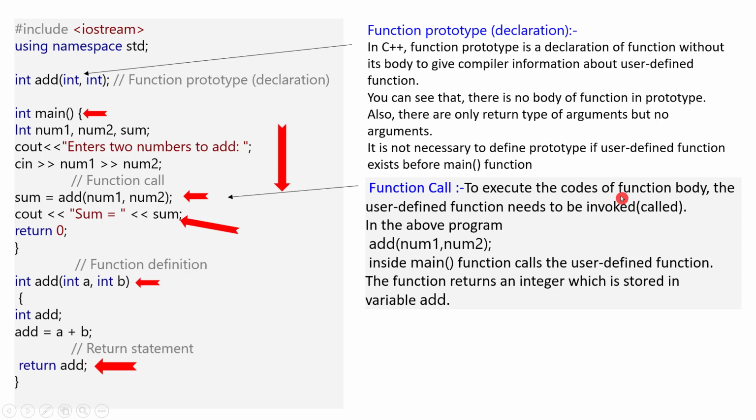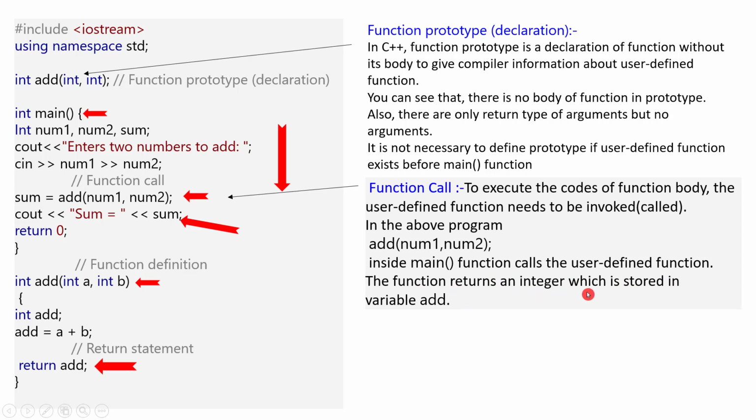To execute the code of the function body, the user-defined function needs to be invoked or called. In the above program, add number 1, number 2 inside the main function calls the user-defined function.